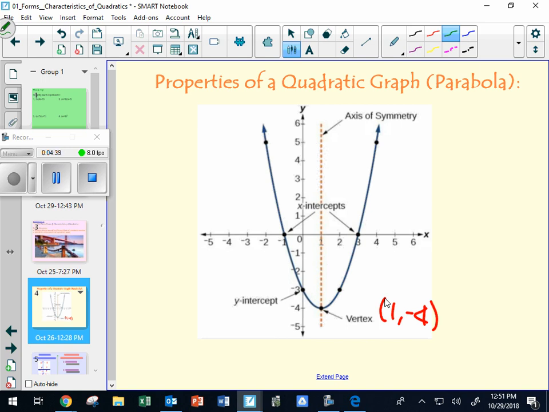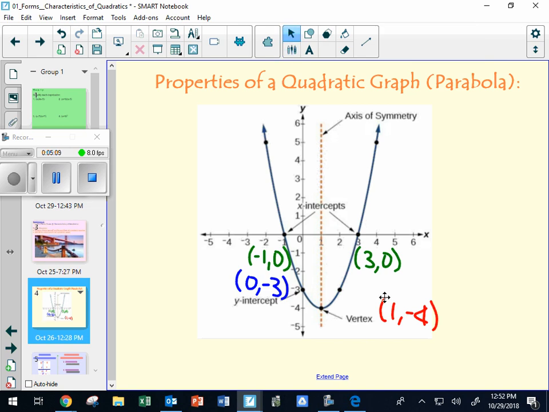Yes. -1, 0. And 3, 0. All right. And then what about our y-intercept? Yes. 0, negative 3.